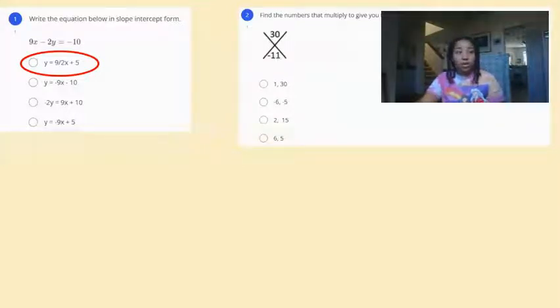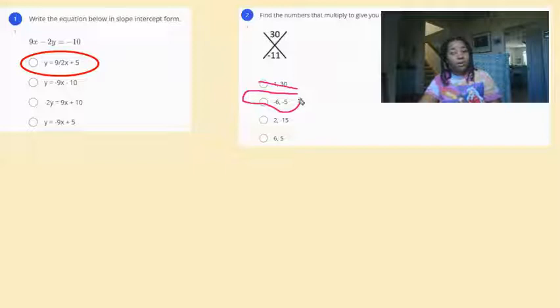So we have to find two numbers. So we have 1 and 30. Okay, but 1 plus 30 equals 31. So that can't be it, so we're going to cross that one out. Then we have negative 6 and negative 5. Yeah, negative 6 times negative 5 does equal 30. Awesome. And then negative 6 plus negative 5 equals negative 11. So this one would work.